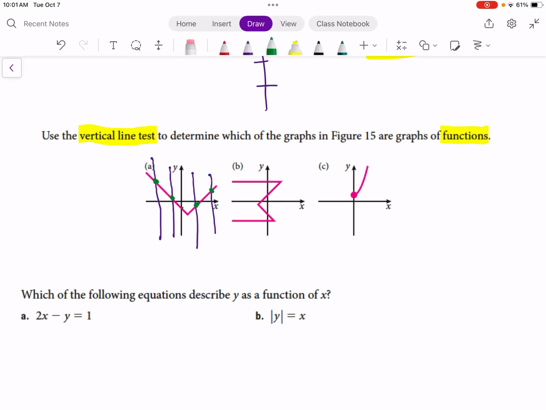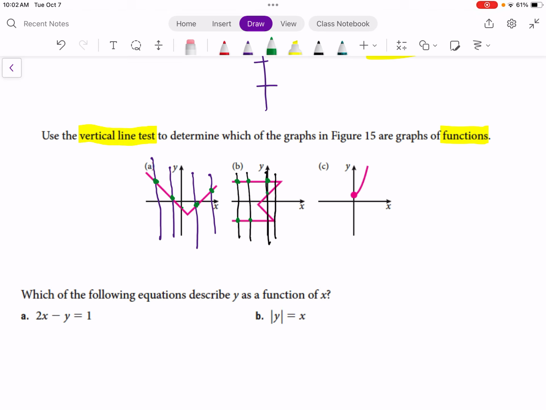Now in graph B, if we draw a vertical line, you can draw it here. Here the vertical line crosses the graph at more than one point, see. The vertical line crosses at 2 points.